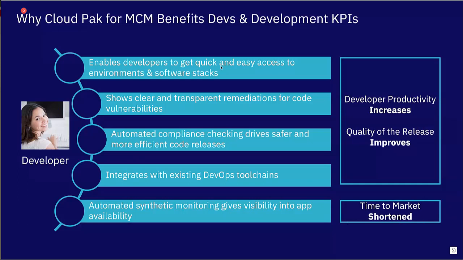And when they actually land up with such an environment, how do their development teams manage this, right? So what the Cloud Pak is doing is enabling developers to get quick and easy access to environments and software stacks. And that is across Kubernetes, across virtual machines like VMware or OpenStack or Red Hat Virtualization, or across public cloud services like AKS, GKE, IKS, maybe EC2 VM.